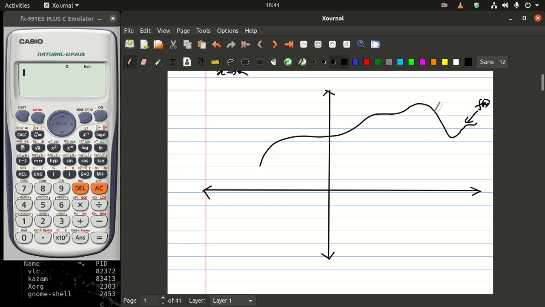What I really want to find is the limit as x approaches a of this function. As I get closer to a, if I pick a value very close to a and look at its output, what will be the value?